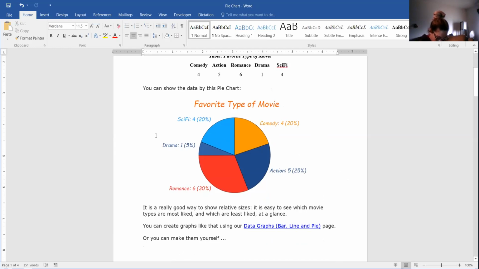Now, this works well for small numbers of categories. I have seen pie charts with 50 different categories, some of which are like 1%, and there is no way that you can interpret something like that. So this brings up the need for looking at exactly how we're going to present our data.